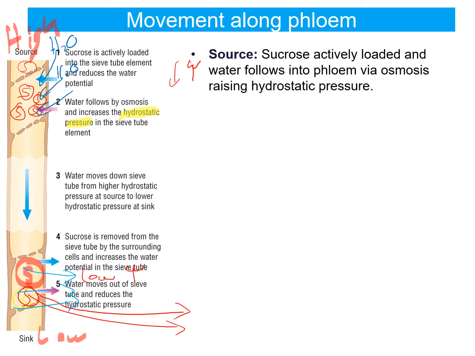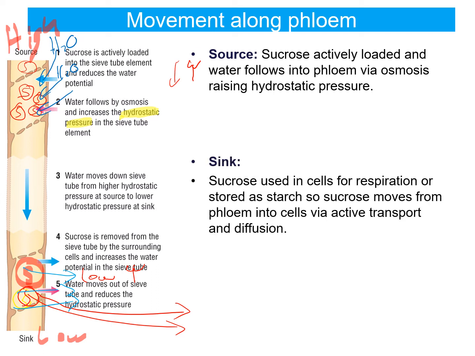So let's summarize that then. At the source, the sucrose is actively loaded. Water follows it into the phloem via osmosis from the xylem, raising the hydrostatic pressure. At the sink, the sucrose is used in cells for respiration or stored as starch, so it moves from the phloem into the cells that need it via active transport and diffusion.